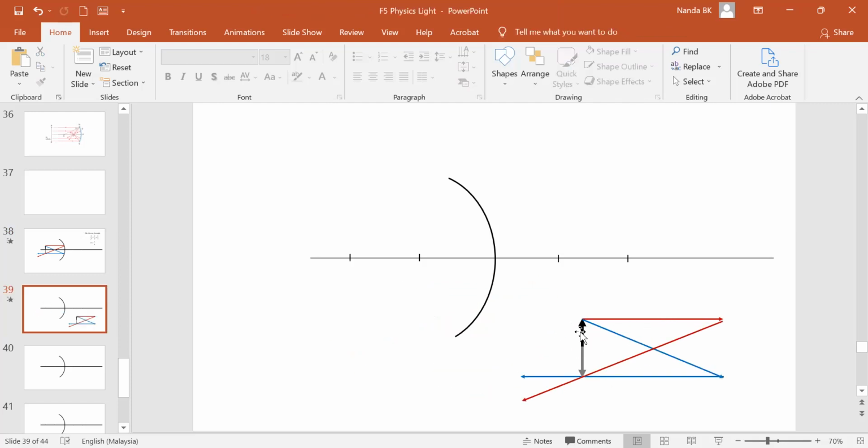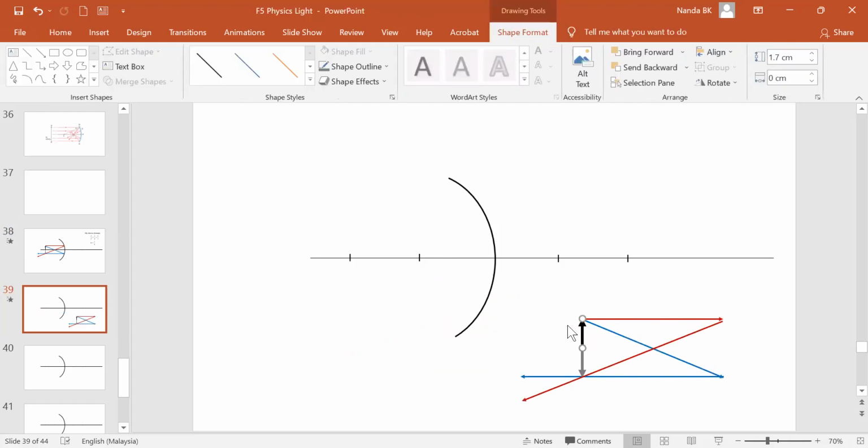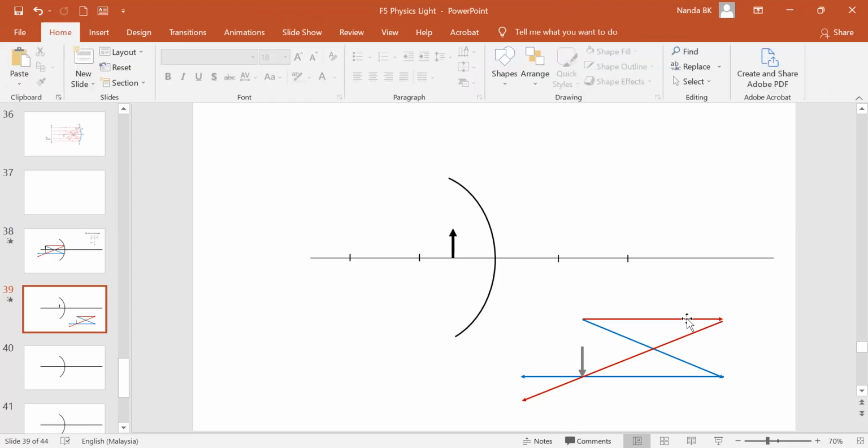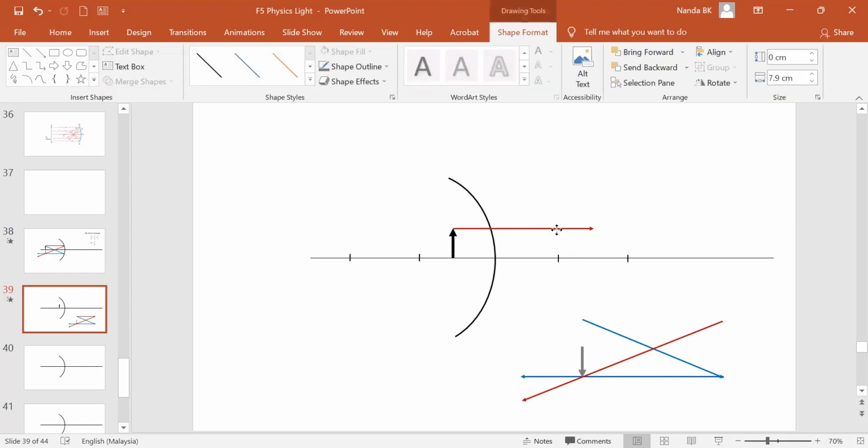Okay. So now I'm going to take my object and place it here. Show me how it moves. So where's the object? So first step, I must draw here. Correct? I must draw here.